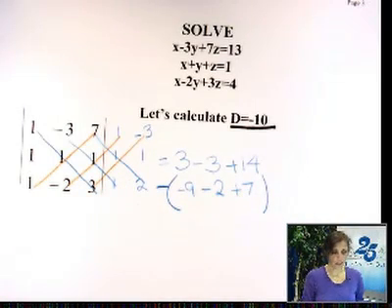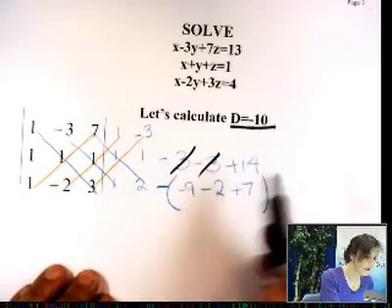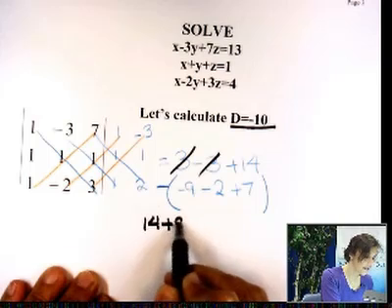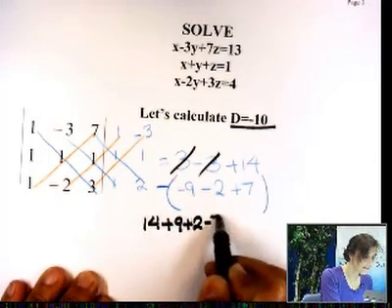So let's clean this up. So I have 3, 3 goes away. I have a 14. I have plus 9. I have plus 2. I have minus 7.